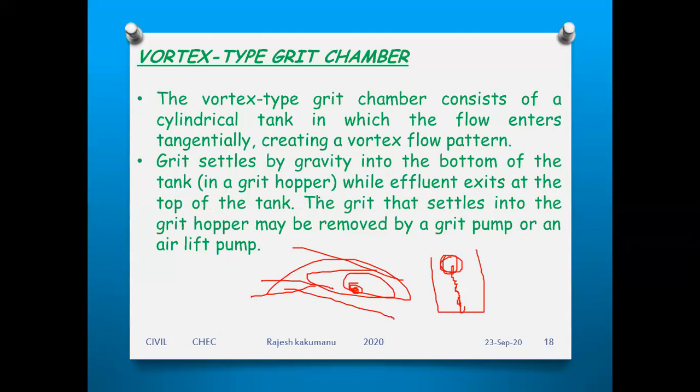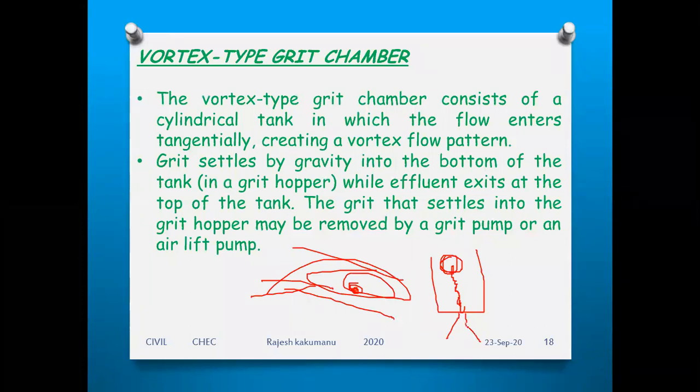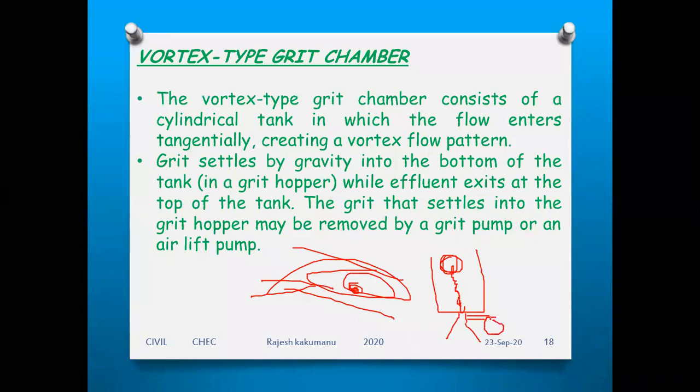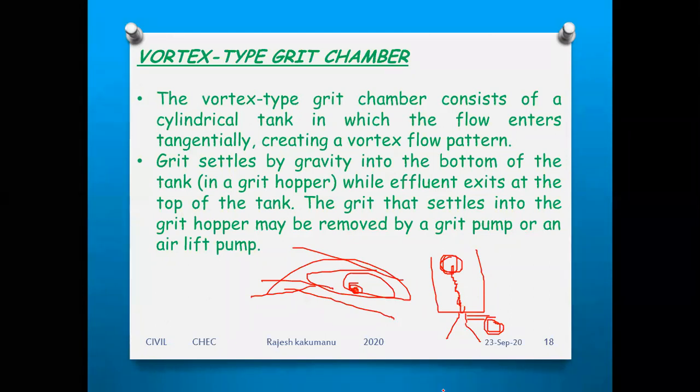The grit that settles in the grit hopper may be removed by the grit pump or airlift pump. The hopper is at the bottom, and the solid particles come out through it, or we have a small mechanism connected, called an airlift pump. With this pump mechanism the solid particles come out.